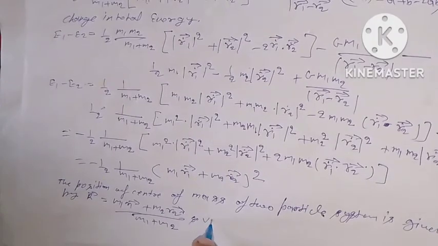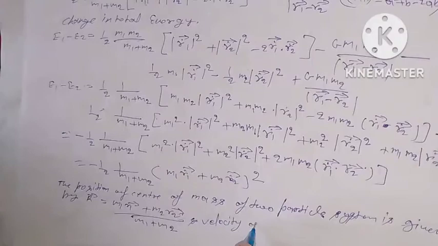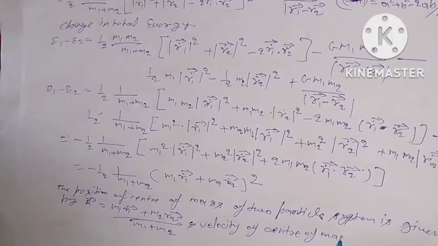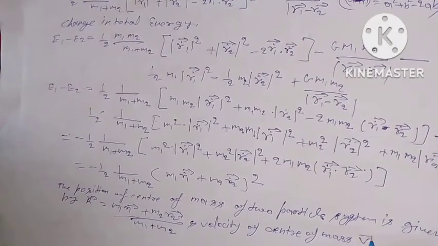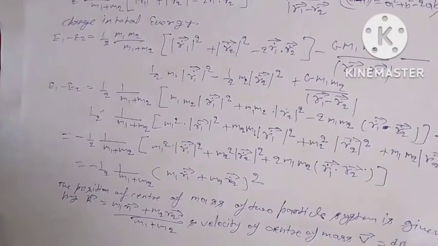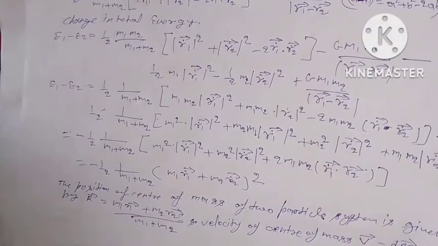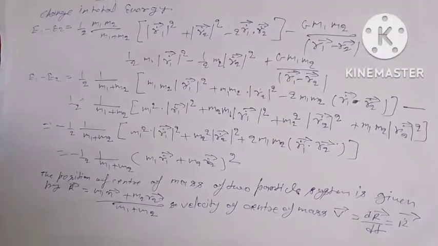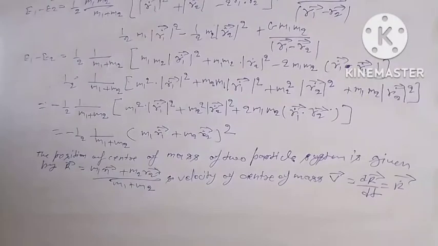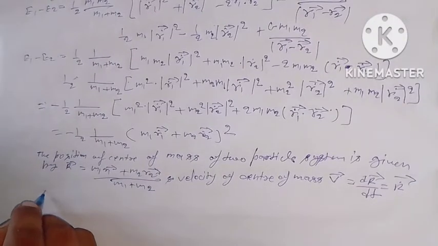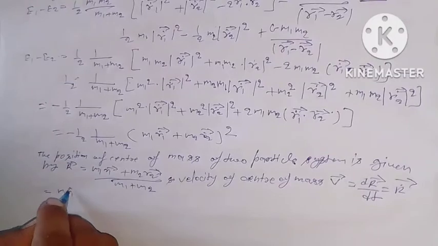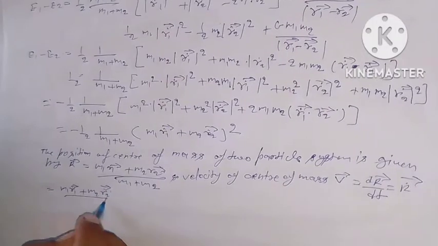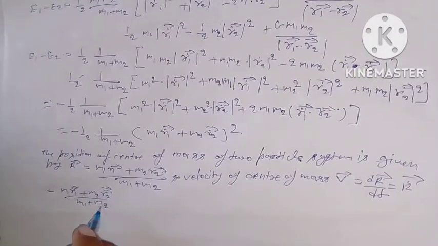Velocity of center of mass vector equal to dR vector upon dt equal to derivative of R vector, okay, derivative of R vector equal to m1 derivative of r1 vector plus m2 derivative of r2 vector upon m1 plus m2.